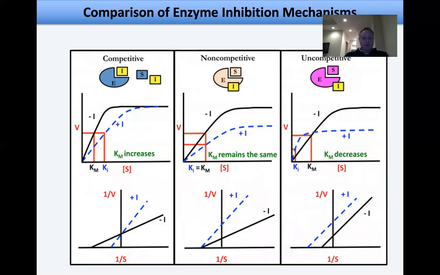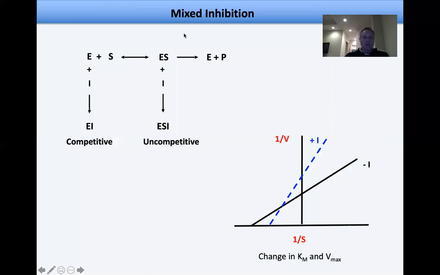Okay, so there's another type of inhibition that's called mixed inhibition. Now, as the name implies, a mixed inhibitor has mixed feelings. On the one hand, it can be competitive and bind to the enzyme's active site, as you see over here. And on the other hand, it can bind to the enzyme substrate complex, and it can be uncompetitive.